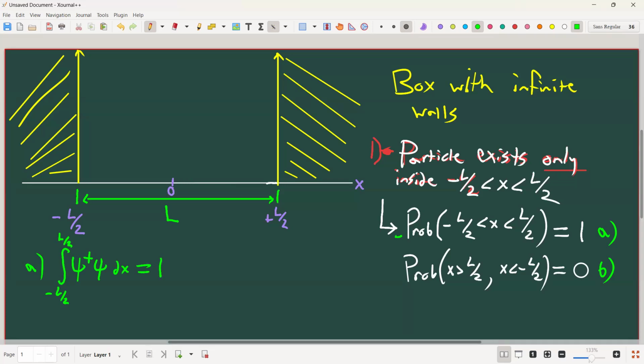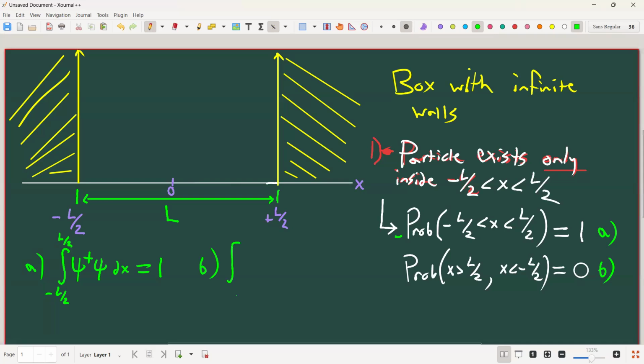It's a wave of some sort. We know that the square of it, or the complex conjugate times itself, integrated over the entire system is 1. This means that the probability is 1 that it's inside the box, and it's 0 everywhere else.